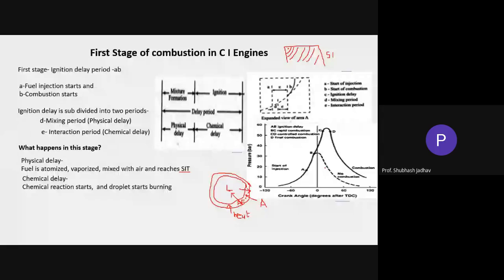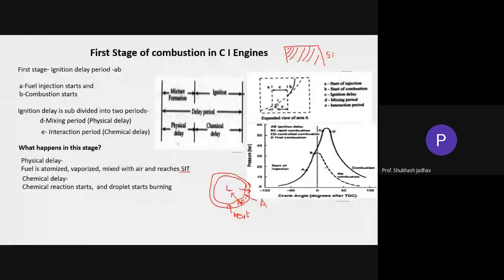And therefore our first stage of combustion, which we call ignition delay, is from A to B, where A is the point of the starting of the fuel injection, and B is the point where the combustion curve departs from the motoring curve, or we call it the start of combustion.